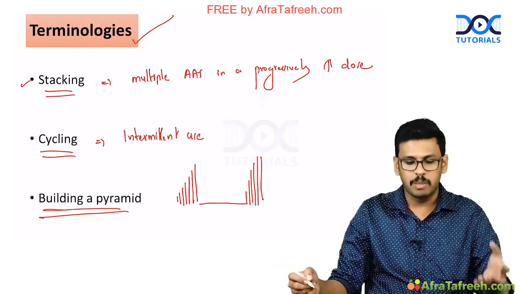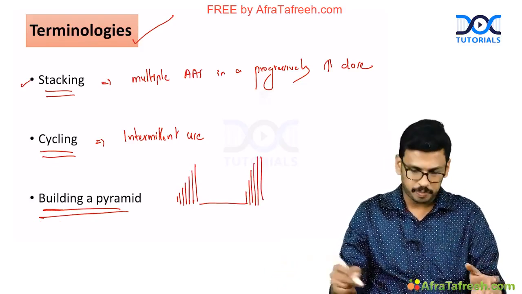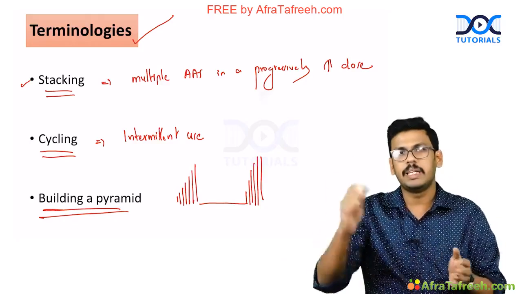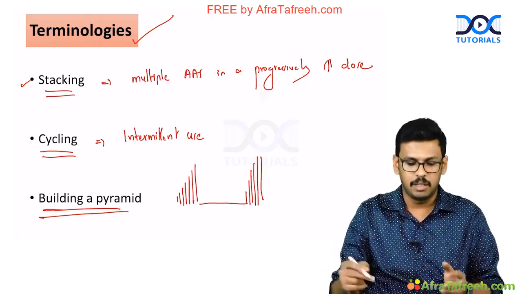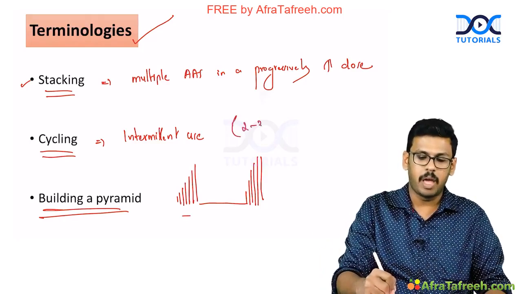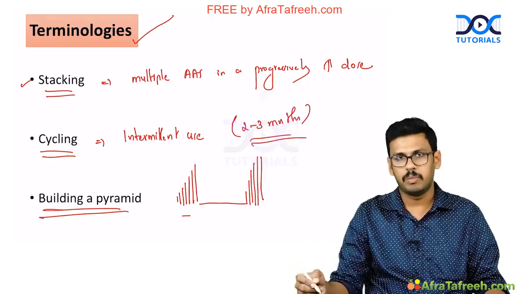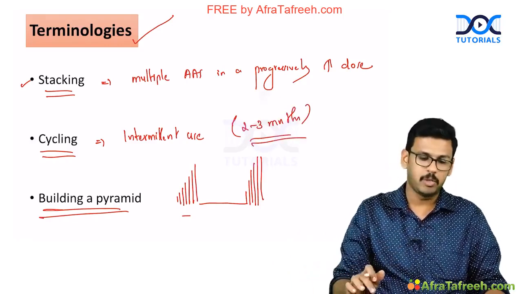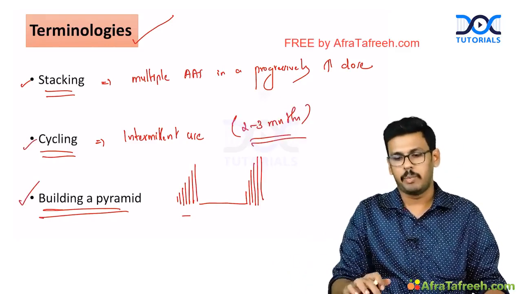This is what we call building a pyramid. So building a pyramid means they are progressively increasing the anabolic steroid usage over a cycle, and each cycle would be around 2 to 3 months followed by a washout period. So stacking, cycling and building a pyramid you should keep in mind.